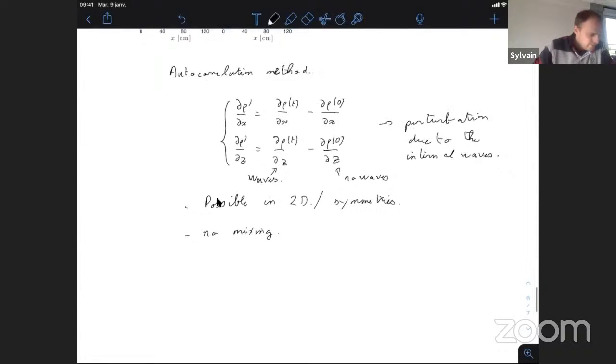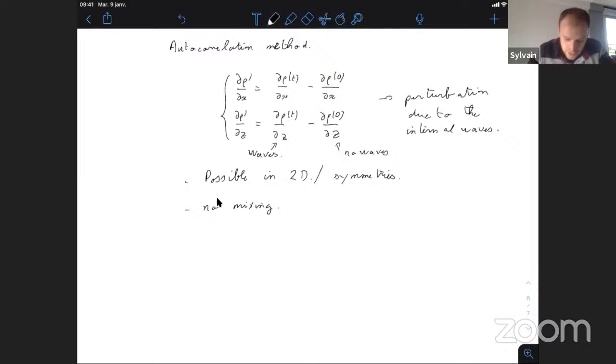And the final comment is that synthetic Schlieren is very, very interesting if you look at small scale, because since you look at the gradient of density, you increase the visualization of small scales because you have this derivation compared to the density, for example. When you do the derivation, you multiply by k, so you divide by lambda, so you increase the visualization of small scales compared to a large scale.